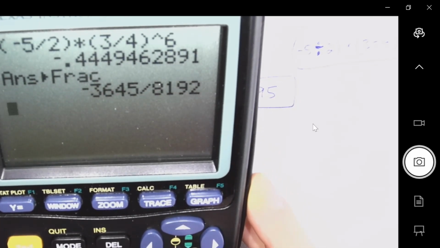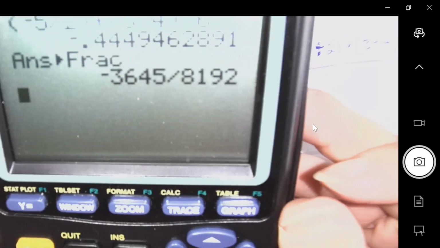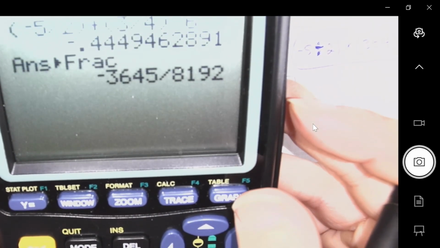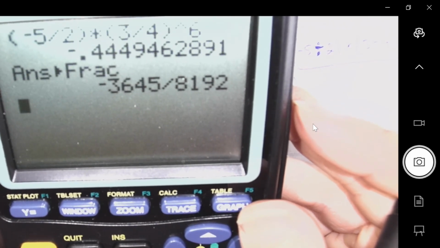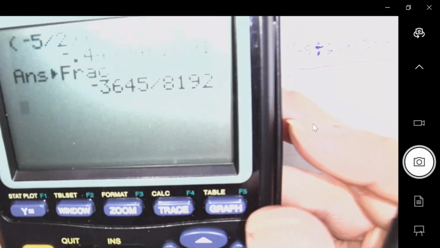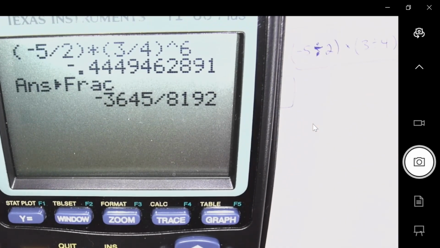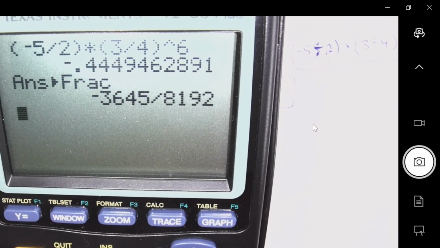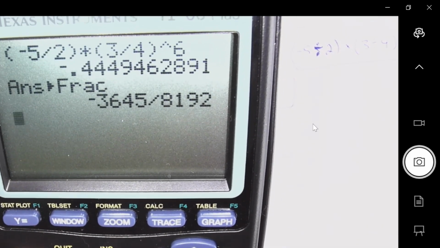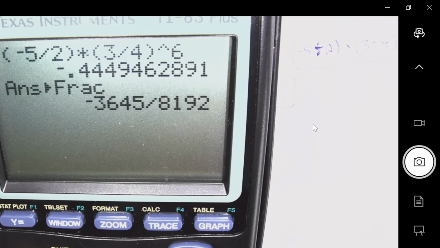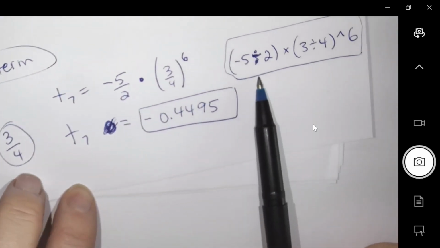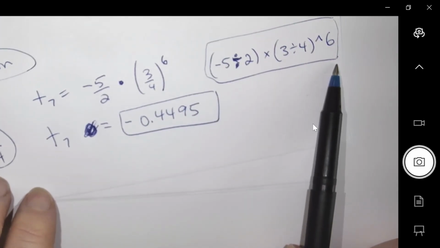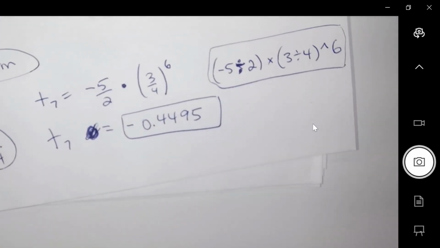I was confused. I have a fraction button, but I never get fractions. So we can write that. Do you see, this is what I would have typed in here? Oh, okay. Oh, because you have that fraction button.